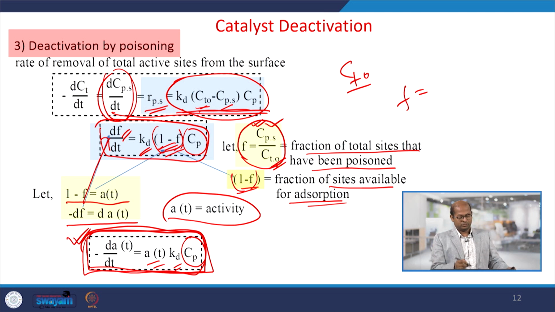Okay. So, if we know the concentration of the poisons and the activity of the catalyst, those terms we have to put in for deactivation purposes. The deactivation rate constant we also have to put in.